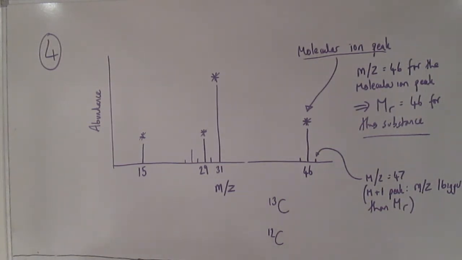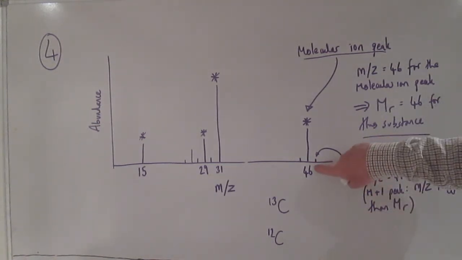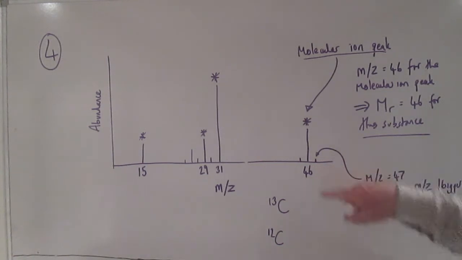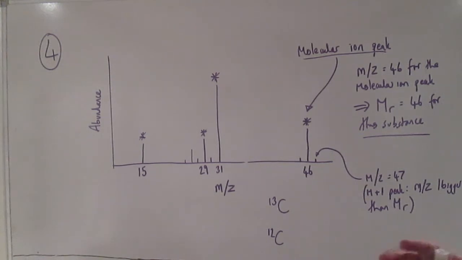But 1% of carbon atoms, just randomly distributed, happen to be carbon-13. And that means that in a small proportion of molecules, one of the carbon atoms will happen to be carbon-13. Because that has one extra mass unit, it means the molecule that contains it will have one extra mass unit. And so that's what's going on here. That peak at 47 results from the minority population of molecules which happen to have a carbon-13 on board. So this is the carbon-13 satellite peak.